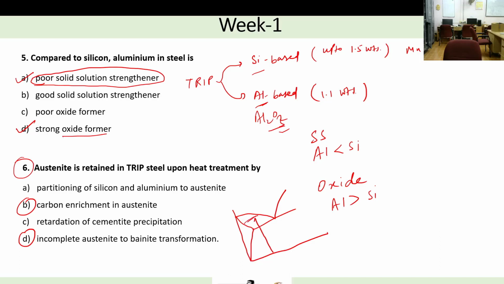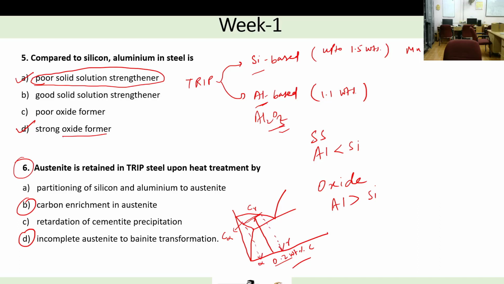Let's say our carbon concentration is 0.2 weight% carbon. If you heat your sample to this temperature, this line will dictate your carbon concentration in gamma, and this line will dictate your carbon concentration in alpha.